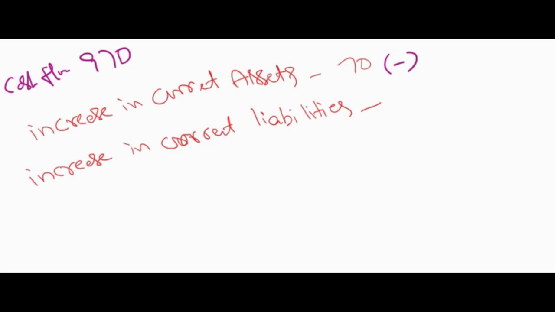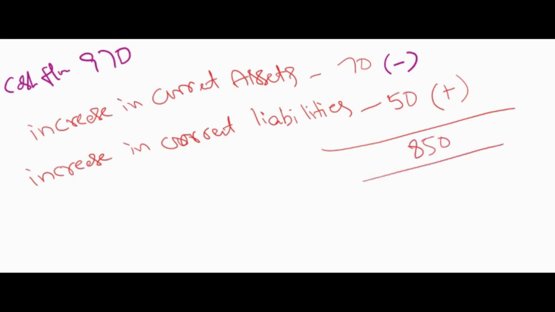So let's say the increase is 50. So this should be plus, right? So similarly, a decrease should be in reverse. If you are decreasing current assets, it should be plus. If you are decreasing current liabilities, it should be minus. So now finally, what is the value? 850, right? So this is cash generated from operations.